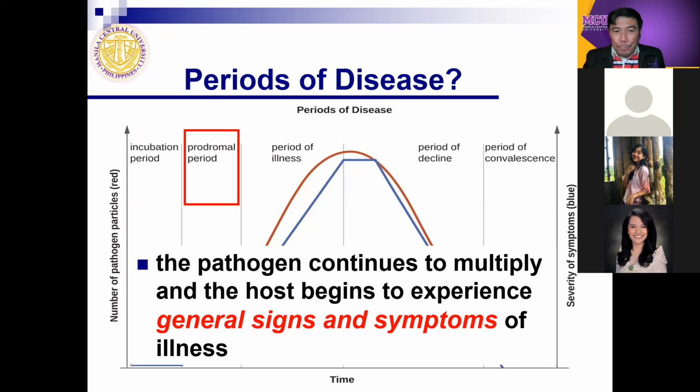When we talk about the chances that the microorganism or the virus is already in your system, already entered your body, the virus now starts to cause initial damage and affect your state of balance and physiologic processes. When these pathogens continue to multiply, then obviously more general signs and symptoms come out.